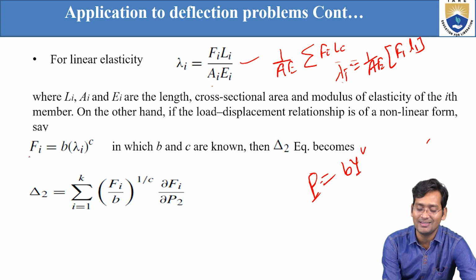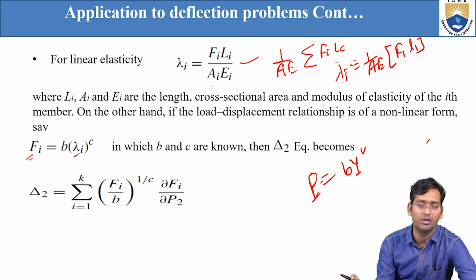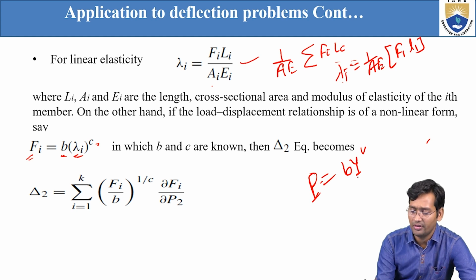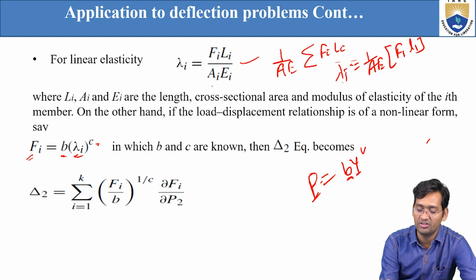Here we are considering F as the force and lambda as the deflection. So it is just the same equation. Here C is again a constant, in which B and C are known constants, and the delta 2 equation becomes as follows.